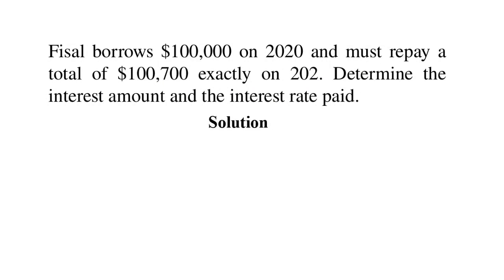Faisal borrows 100,000 in 2020 and must repay a total of $100,700 exactly on 2021. I think there is one digit missing here, 2021. I can't fix it and upload it here, let me correct it so you have the correct version.